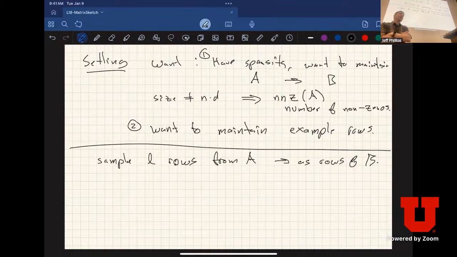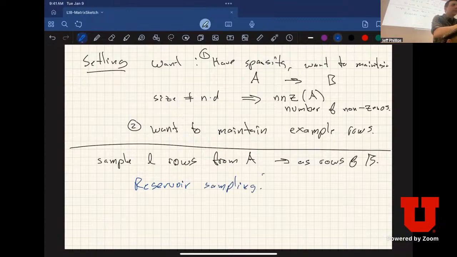Okay, so if I have a streaming algorithm, I can run reservoir sampling, right? I'm seeing the rows one at a time, and I can just maintain a random sample of these L random samples. So can I just use reservoir sampling here? And the answer is not quite. I don't want this to be a uniform sample.